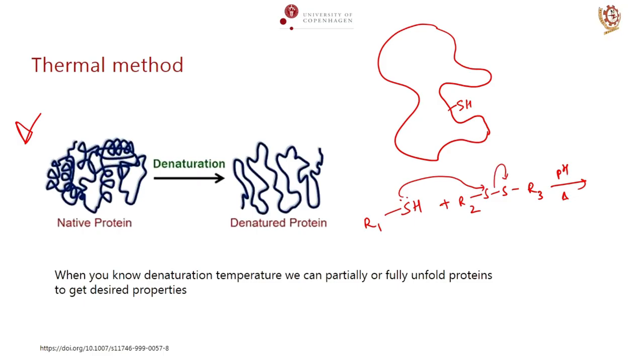Have you heard about this one? Now what happens is that this thiol group attacks the disulfide bond, and you create a new disulfide bond. Can you see? So this will be R1 and R2, and a new thiol group is formed. Just keep this example in mind.